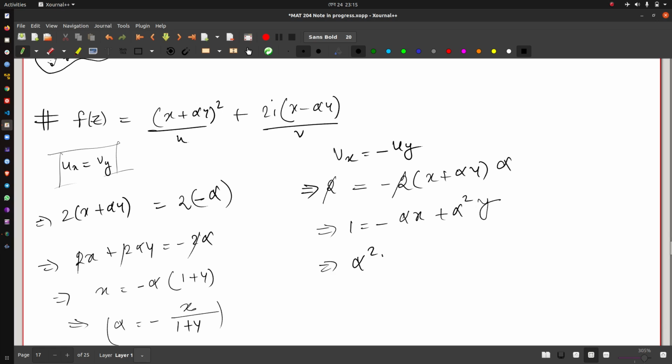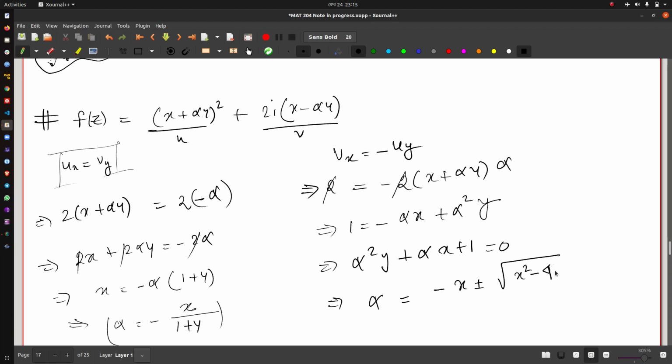So you have a quadratic equation for alpha. Now you can solve it as well. If you solve it, this will be minus x plus minus square root of x square minus 4, it will be a and it will be c, so this is just 4y divided by 2. What is a is just y, something like this, right?